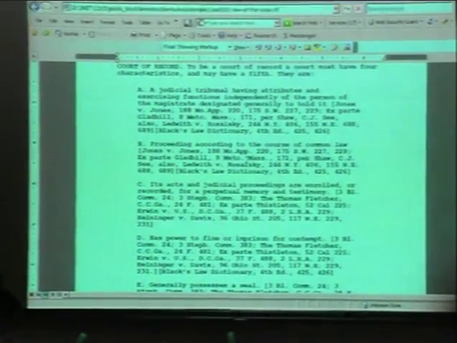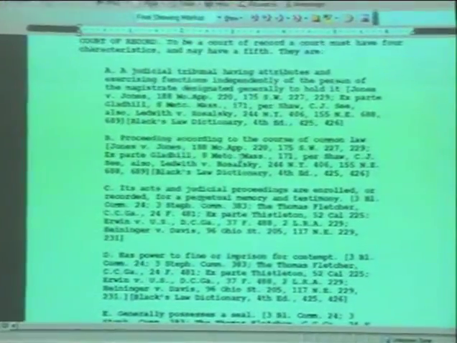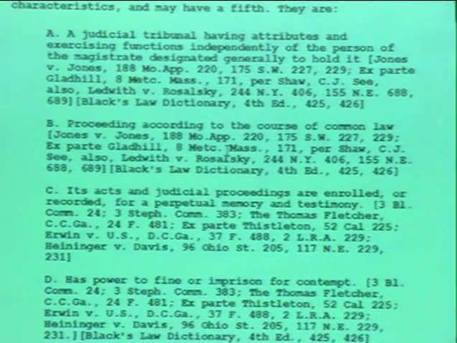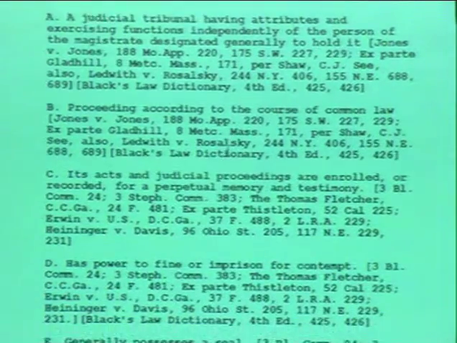A judicial tribunal having attributes and exercising functions independently of the person of the magistrate designated generally to hold it. That's Jones versus Jones, 188 Missouri Appellate Court, 220. Then in Southwest Reporter you have Ex parte Gladhill and so forth. Those are the cases that support that aspect of a court of record. All 4 of them are well documented.